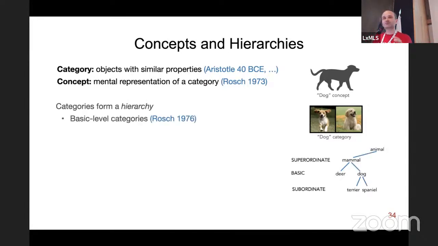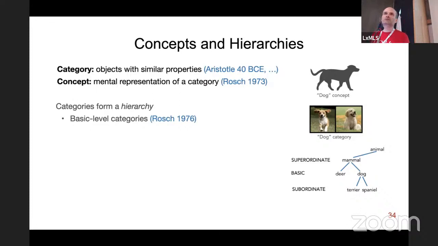The categories form a hierarchy, and this has been some of the basis for work like WordNet. It's also known that people are very good at using basic level categories when they struggle to express things in a more concise way. We saw this on the previous slide. It was an unusual looking vehicle. They didn't try to describe what the vehicle was.